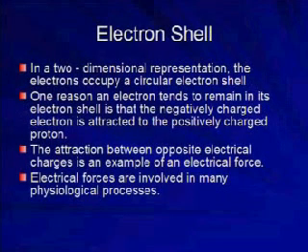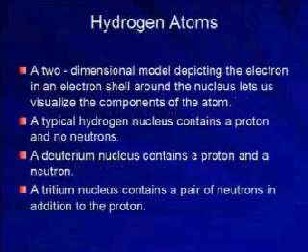One reason an electron tends to remain in its electron shell is that the negatively charged electron is attracted to the positively charged proton. The attraction between the two opposite electrical charges is an example of an electrical force. Electrical forces are involved in many of the physiological processes that we will be dealing with in human anatomy.